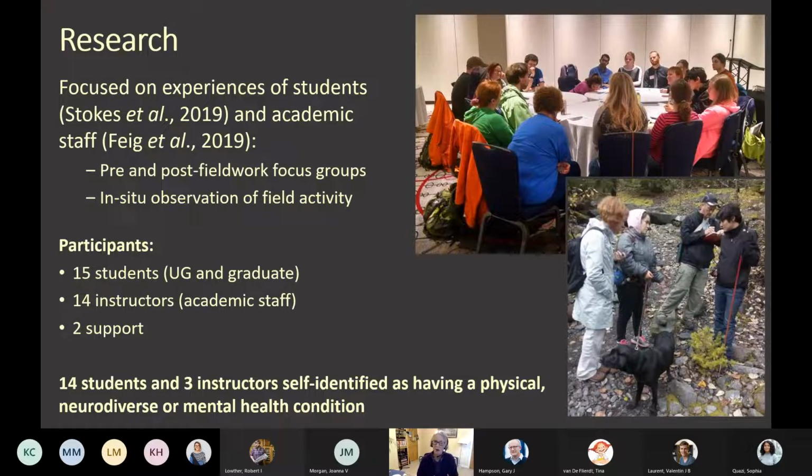So we were interested in questions around the design of the fieldwork, how effective this fieldwork is in developing these social interactions and building these communities of practice, and also about this idea of encouraging and developing self-advocacy. So letting students become confident and comfortable about making their needs known and speaking up for themselves and for others. So we were collecting very qualitative data. We were talking to people, we were observing people.